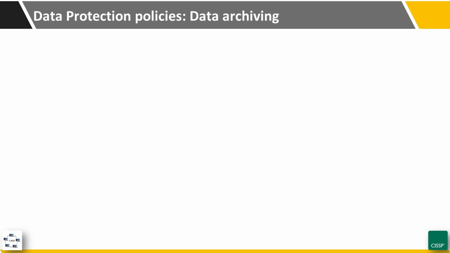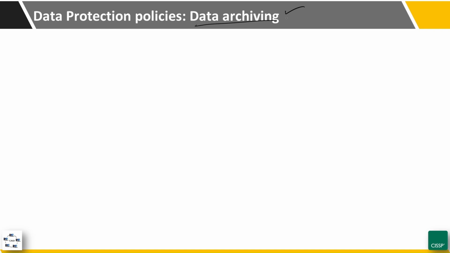Our next topic is data protection policies that apply to data archiving. Archiving is also storage, but it is cold storage, and the type of data that is archived is not accessed frequently. It is archived for legal purposes.